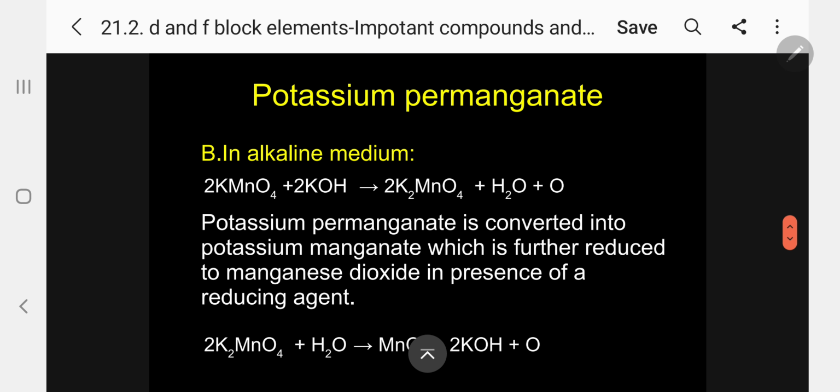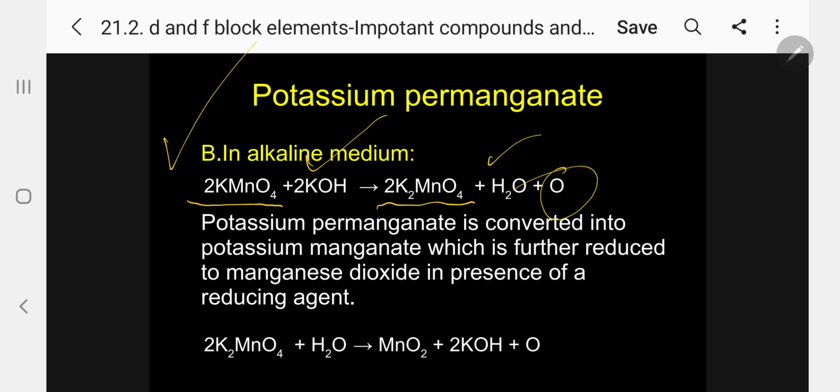Now, in alkaline medium, very important; neutral medium we have seen. In alkaline medium, just see here, potassium permanganate is converted into manganate, with potassium hydroxide, water and atomic oxygen produced. Please remember, this question will be asked both for dichromate and potassium permanganate.